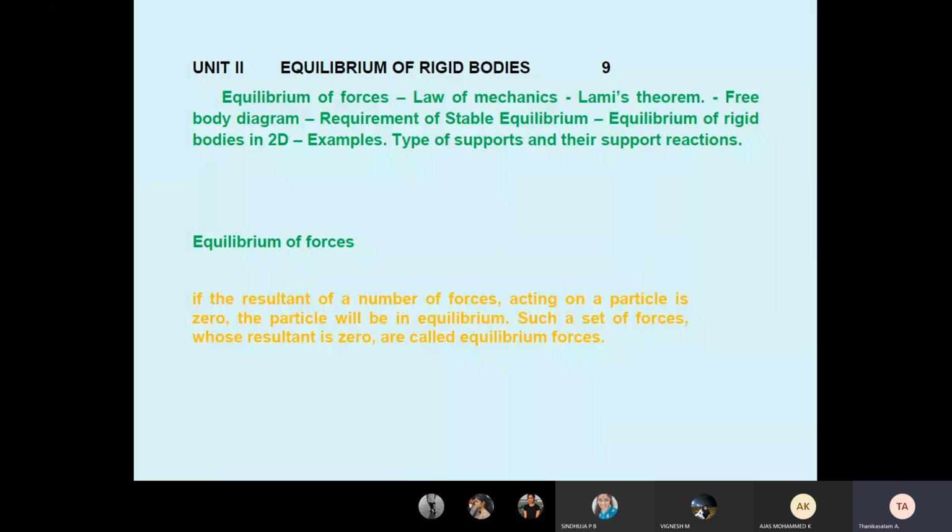Here we are discussing rigid bodies, so you have to add rigid body: if the resultant of forces acting on a rigid body is 0, the body will be in equilibrium. When the resultant is 0, the corresponding forces are called equilibrium forces.